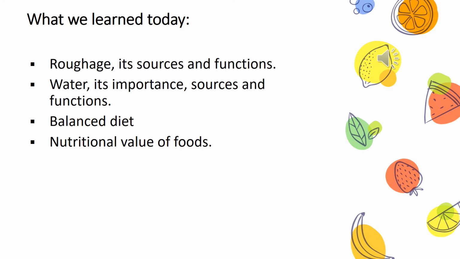Further we have learned about water, which is also an important constituent required by our body. It plays a vital role in our body, where we have seen its functions, and so we know its importance right now. Then we have learned the concept of dehydration, which is related to water.